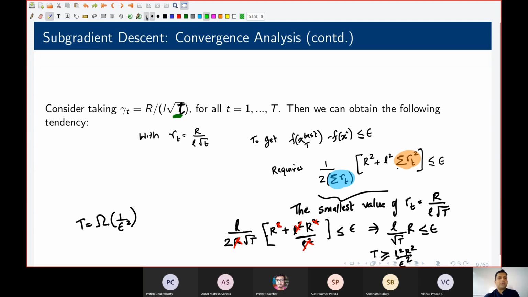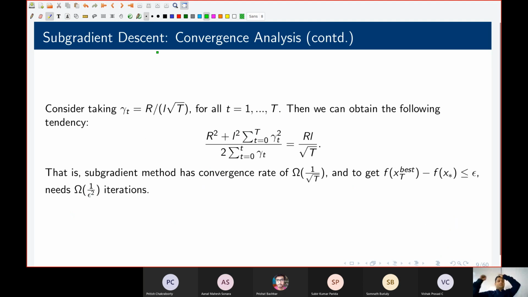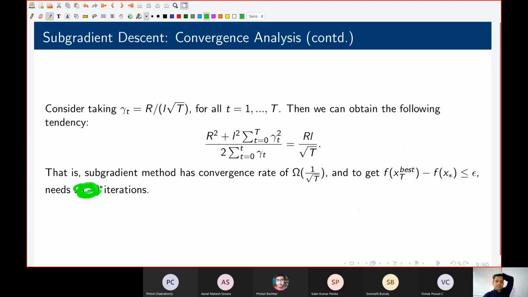But is this something we are happy about? 1 by epsilon square, so like 0.01, then you would require too many iterations actually. So yeah, this is what we got.